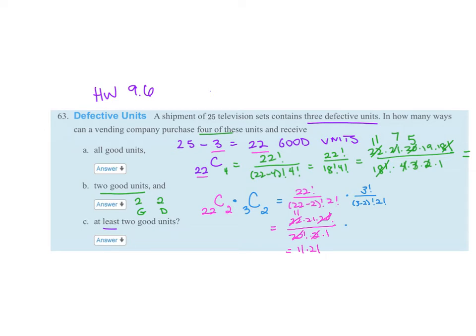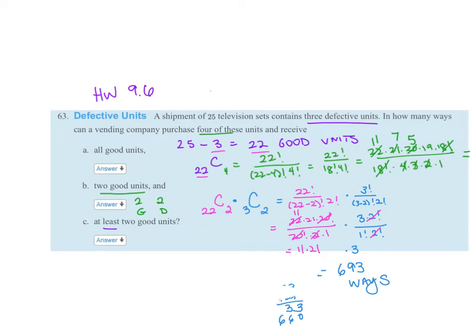For the defective, we have 3 times 2 factorial over 1 factorial times 2 factorial. The 2 factorial cancels, so this is times 3. So this is 33 times 21, which gives 693 ways that the vending company could purchase 2 good units and 2 defective units.